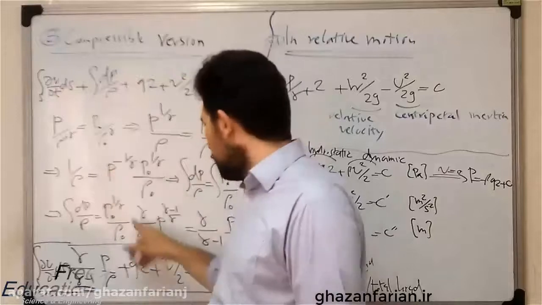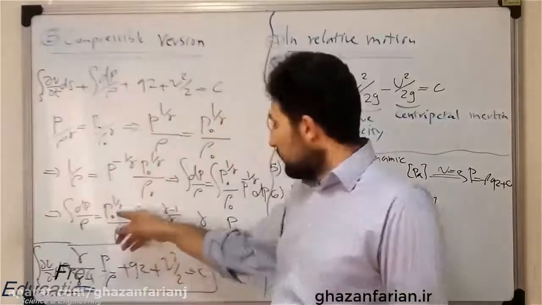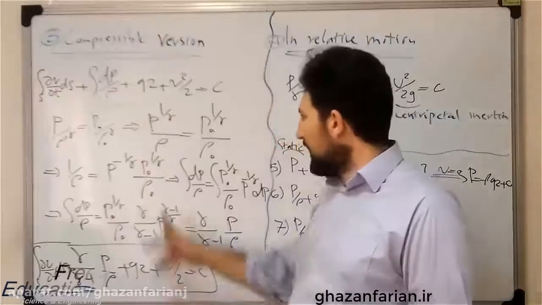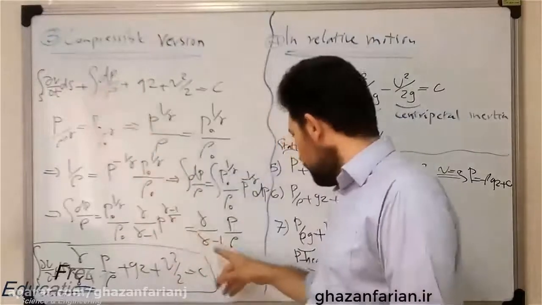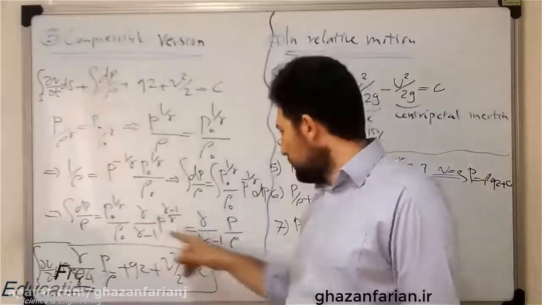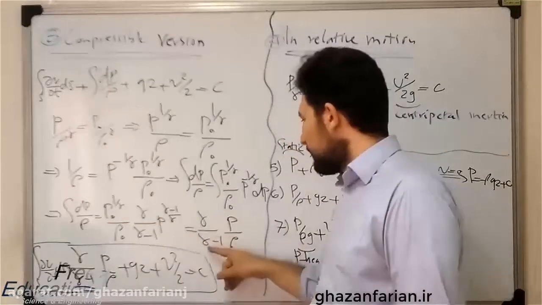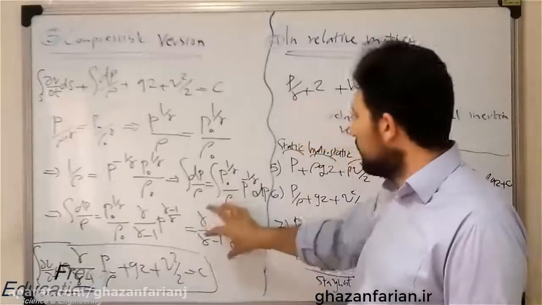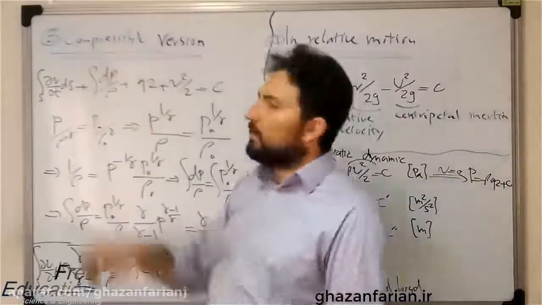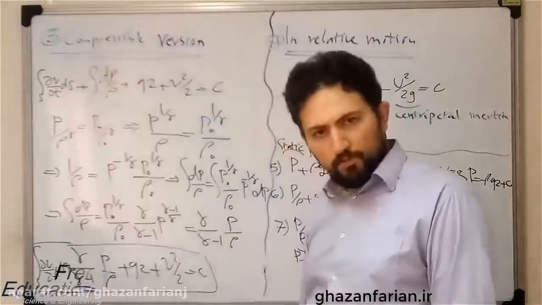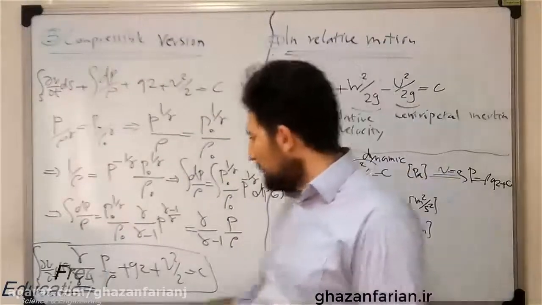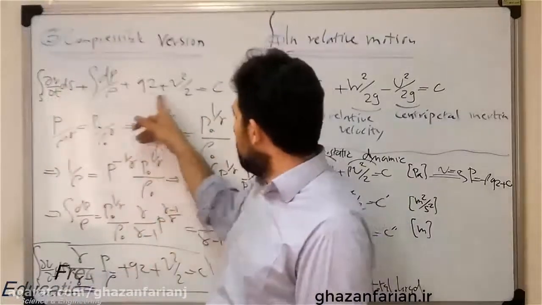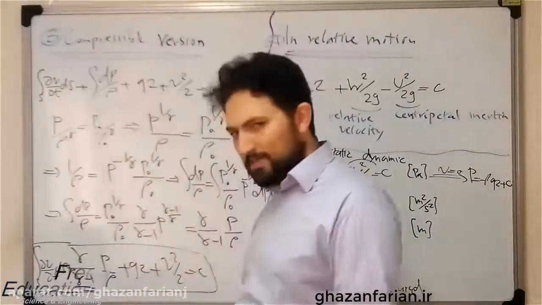Then substitute from the original definition to eliminate the zero quantities, and you finally obtain that the integral of dp over rho is equal to gamma over gamma minus 1 times p over rho. Then substitute this final result into the compressible form of Bernoulli's equation. This term and these two terms are copied here.